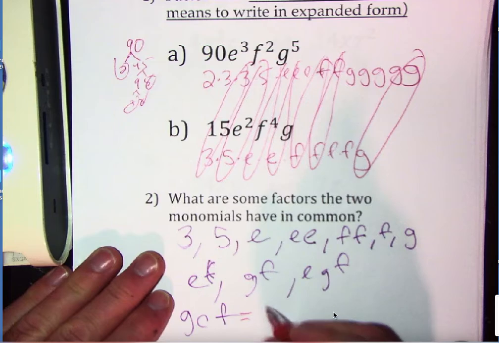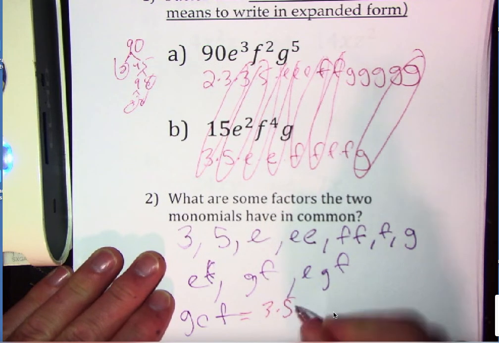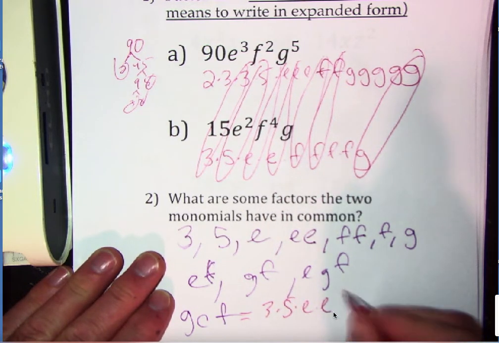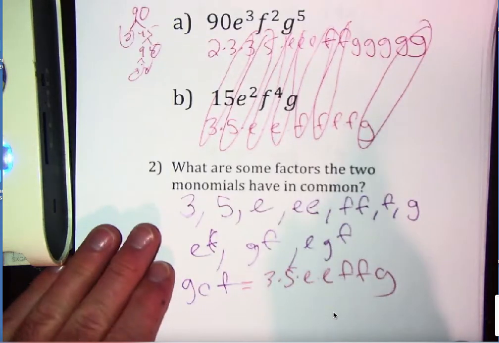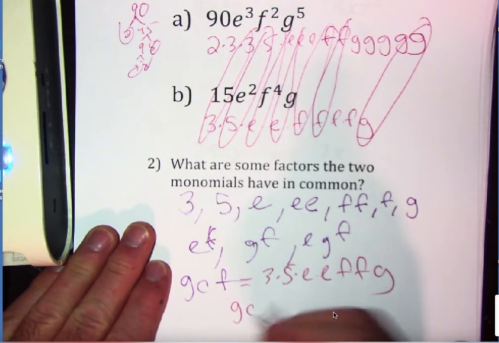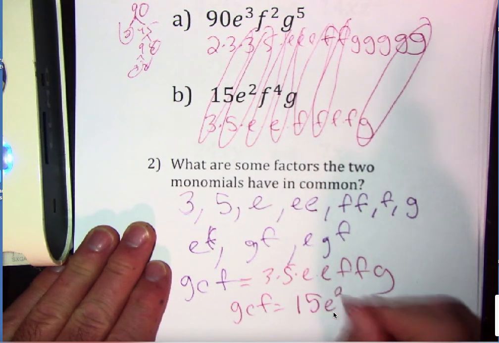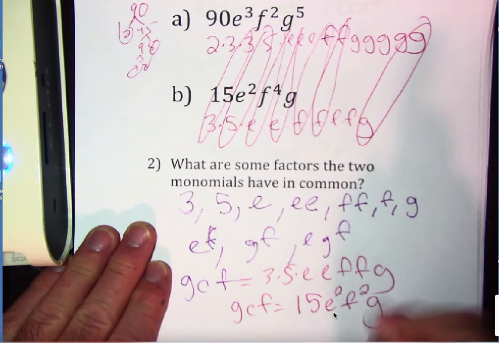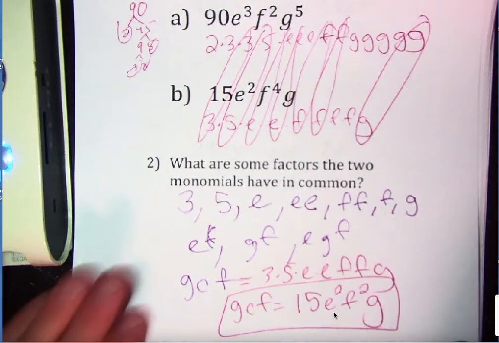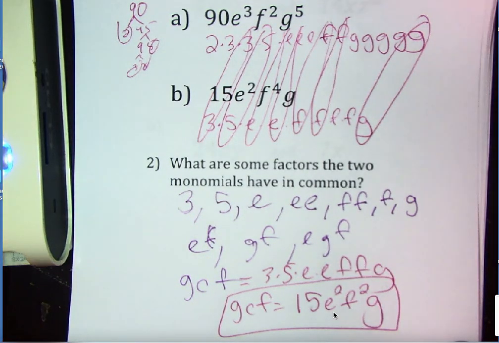So the GCF is 3 times 5 times E times F times G. Now, if we want to make that as simple as possible, we get 15e squared f squared g. There we go. Of all the factors they have in common, 15e squared f squared g is the greatest common factor.